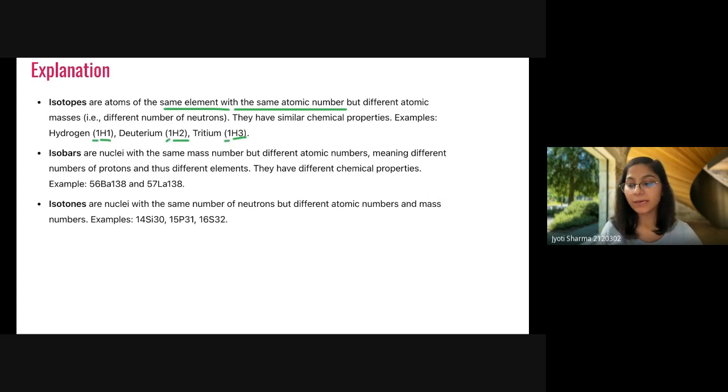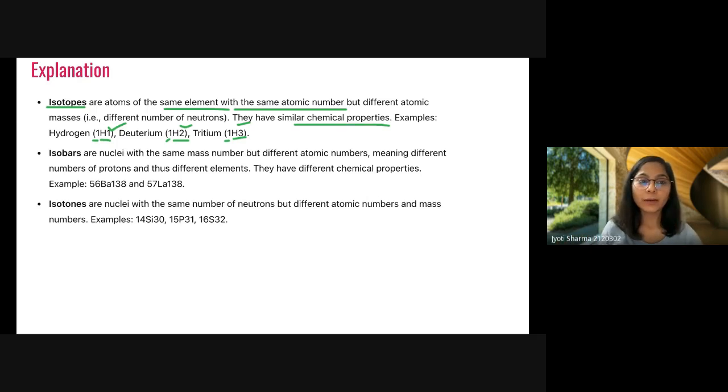So we have same element, same atomic number, but different atomic mass. So here atomic mass is 1, 2, 3, and they have similar chemical properties. So these are known as the isotopes, right? So isotopes are nothing but same element with same atomic number but different atomic mass.